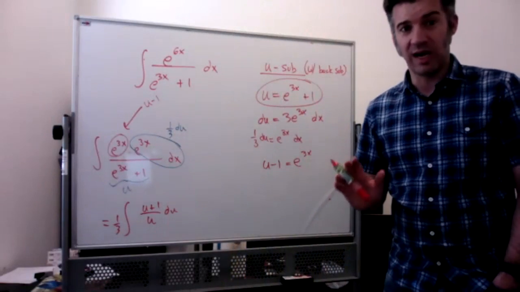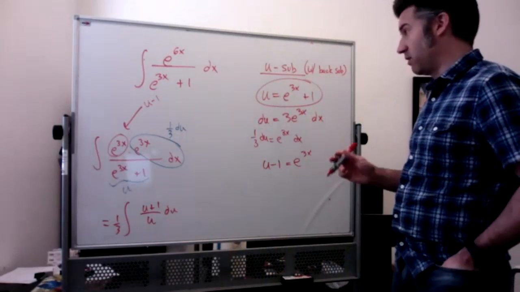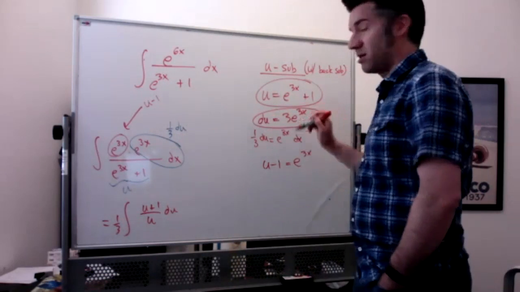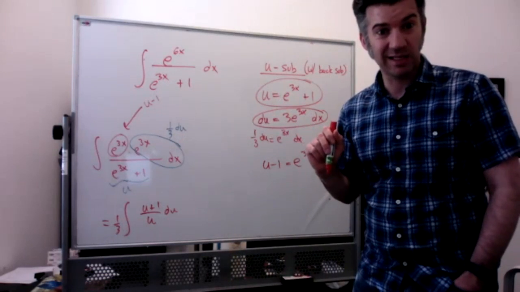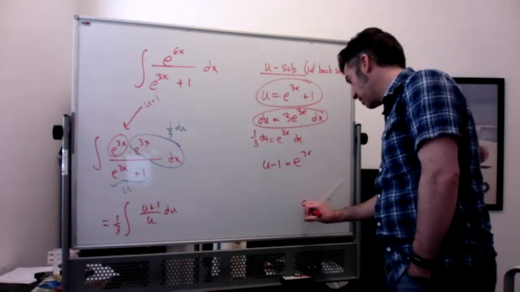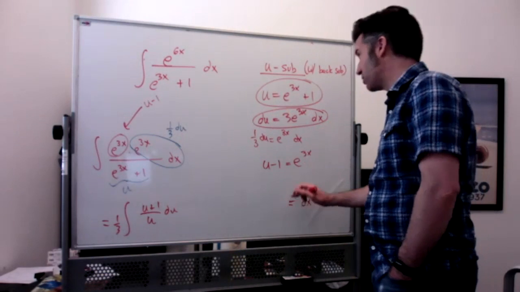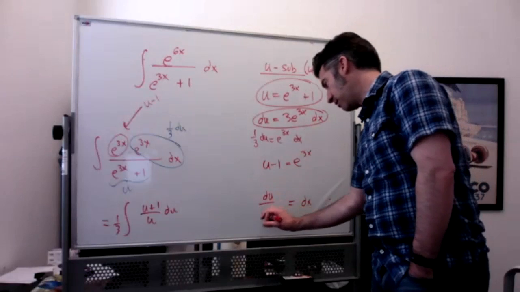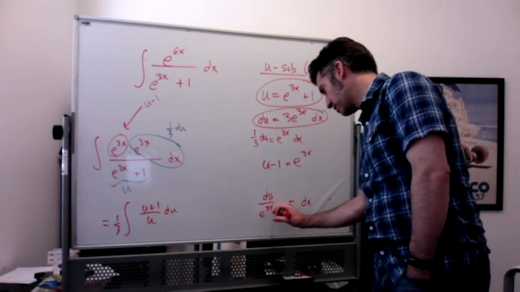Another way people do this, which I am less a fan of, but is still fine. Some people like to take this and completely solve for dx. They say, okay, dx is equal to du divided by e to the 3x.